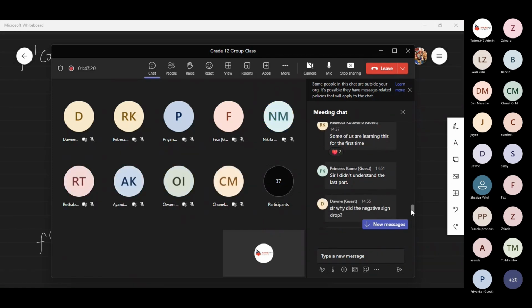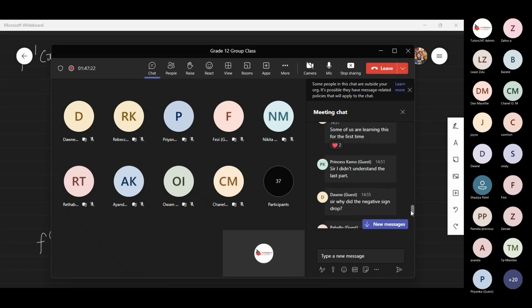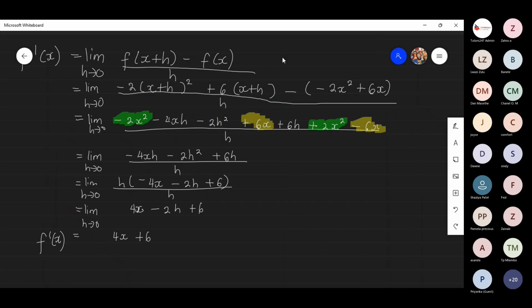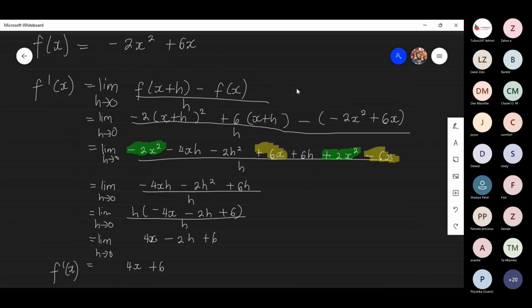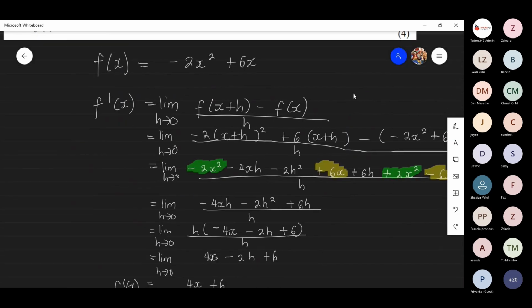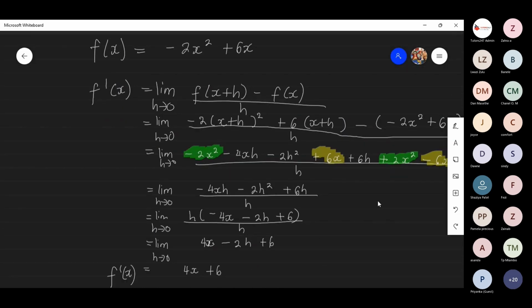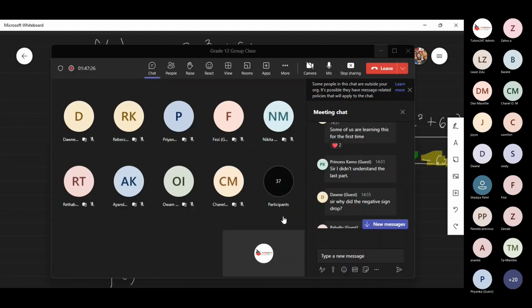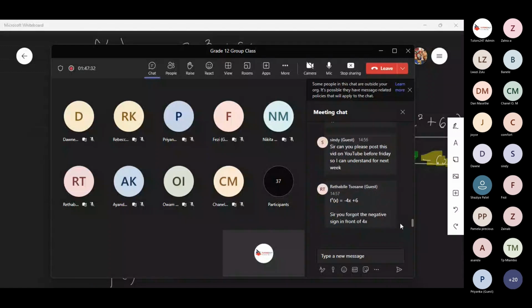Okay, Princess, you said you didn't understand the last part. You sent that message about 5 minutes ago. When you say last part, which part are you referring to specifically? Are you referring to the part whereby we substitute 0? Or are you referring to the part whereby we found the average gradient in the previous question?